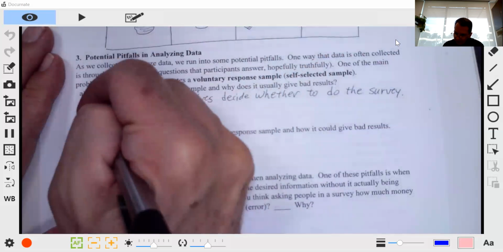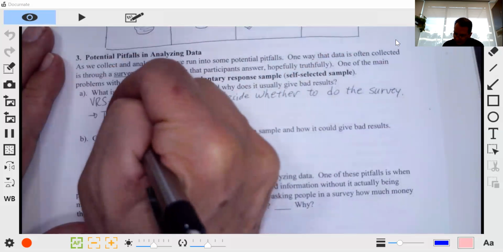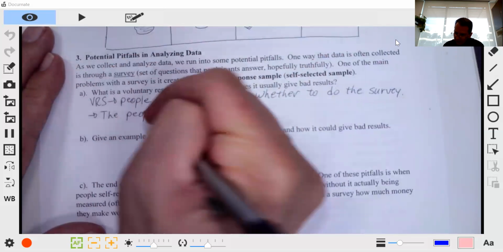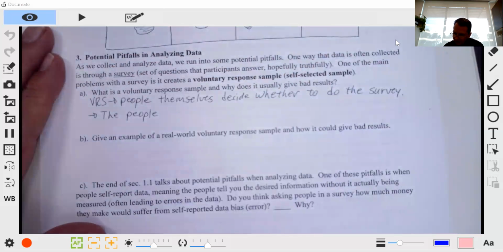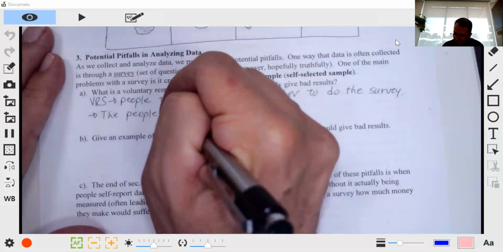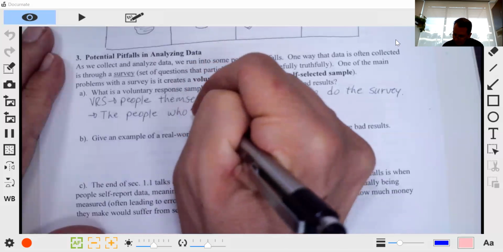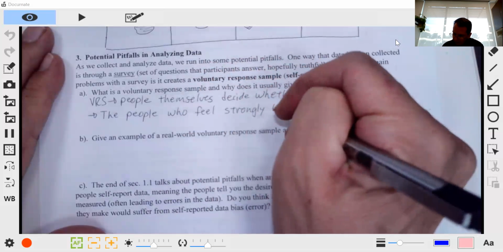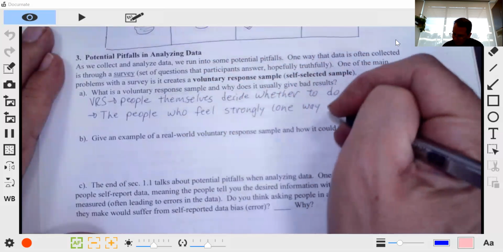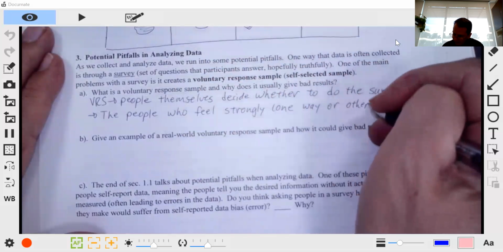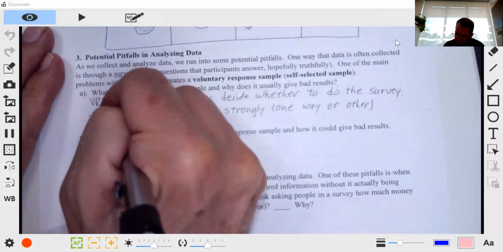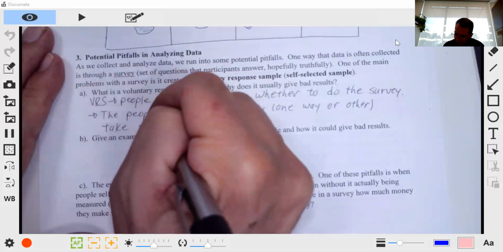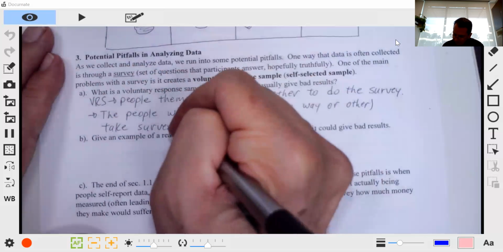Well, the people that take the survey are people that are very strongly for or against this survey. You typically don't have the people that don't care as much take the time to take the survey. So the people who feel strongly one way or the other take the survey, and we don't hear from the people in the middle who don't care as much.